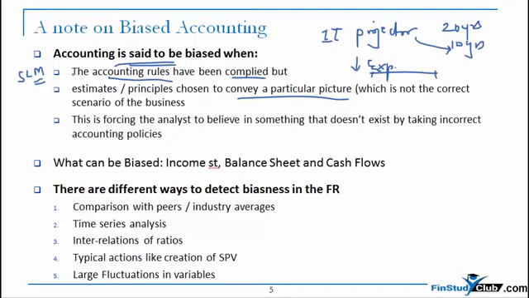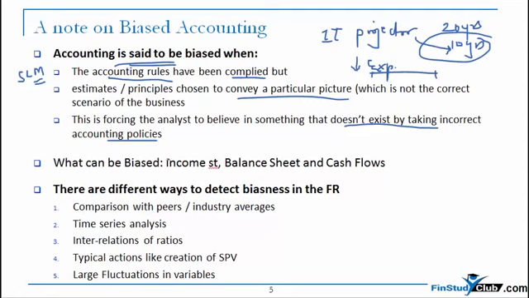But the fact of the matter here is that the estimate of life that they have chosen in context of the asset and the business is really not the correct picture. This is forcing the analyst to believe in something that doesn't exist by taking incorrect accounting policies. The question is, this bias can be spread over what all aspects?